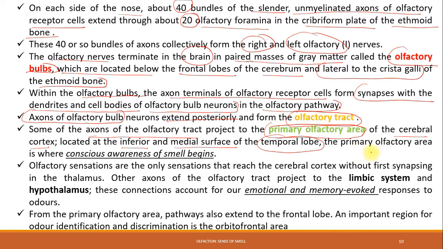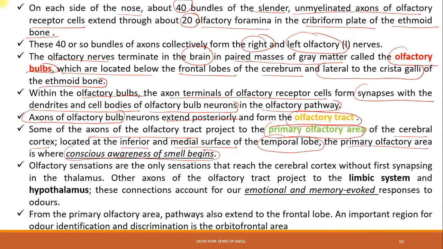The primary olfactory area is the location where the conscious awareness of smell begins. That means whenever the impulse reaches from the olfactory receptor cell to the primary olfactory area, we start feeling, or have, the sense of smell.